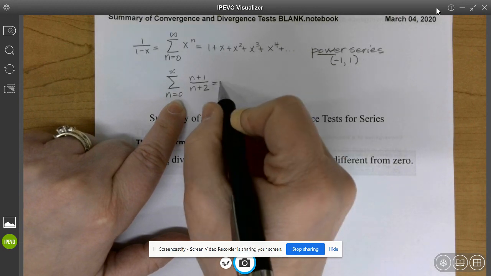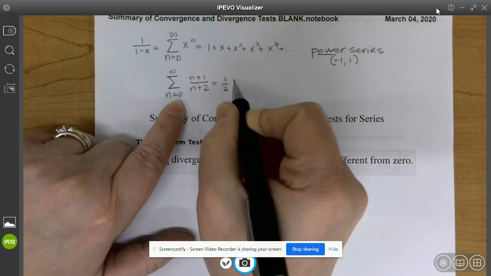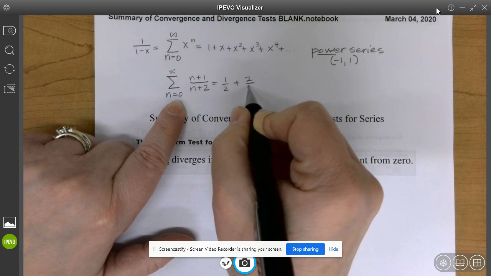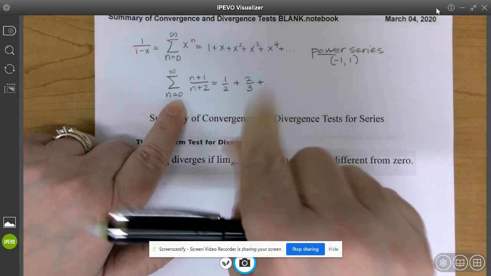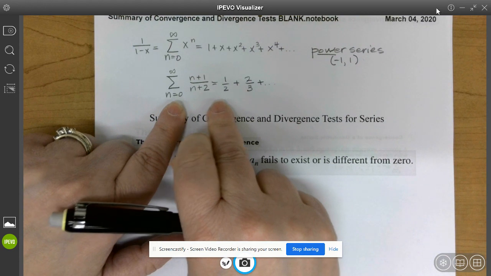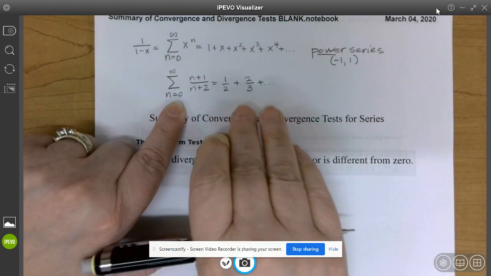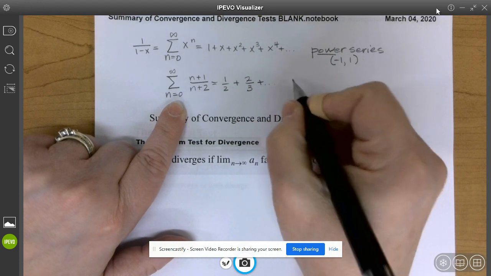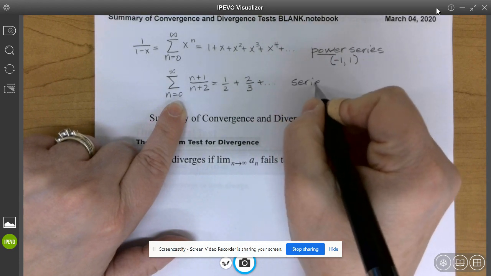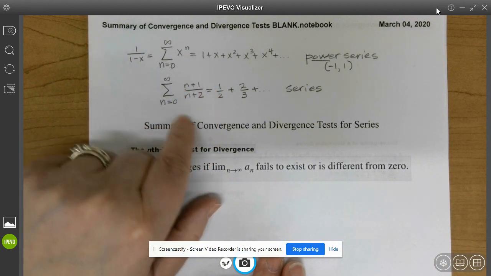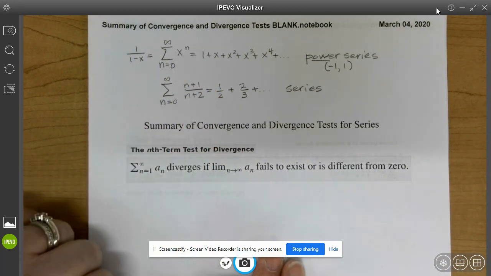I get 1/2. When I plug in 1, I get 2 over 3, plus so on. You can see this is a series that is just involving fractions and not functions of x. So this is just a regular series. And this lesson is all about figuring out when regular series converge or diverge.